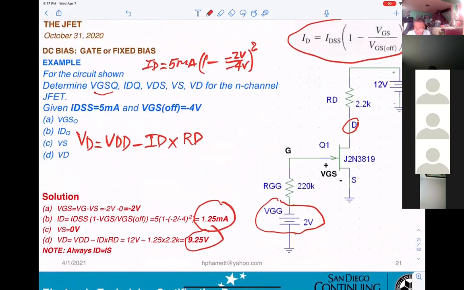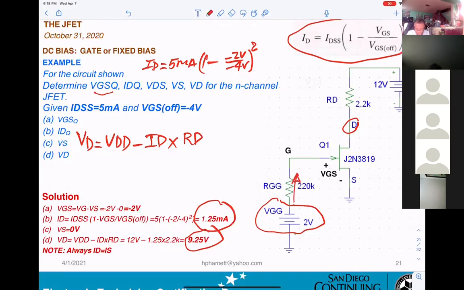But isn't it true, Mr. Pham, that if the gate source is reverse biased and there's no current, then VGG is equal to the gate voltage? You mean VGG equals VG, right? Because there's no current flowing, because the gate source junction is reverse biased. There's no current.